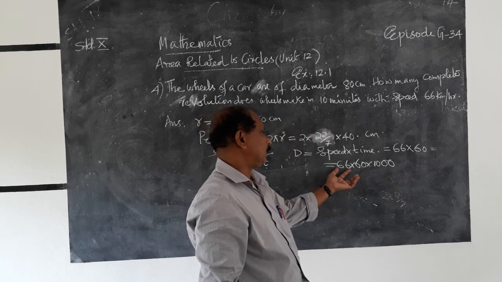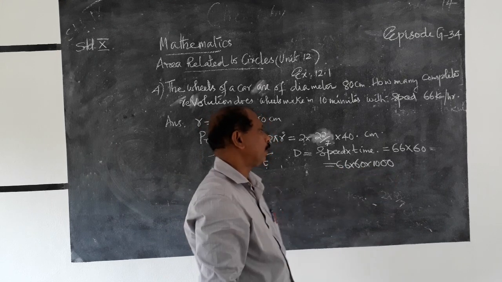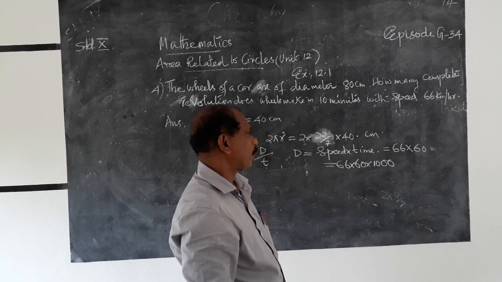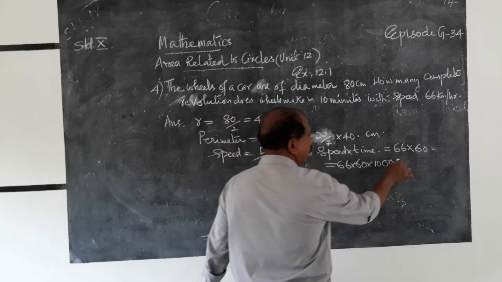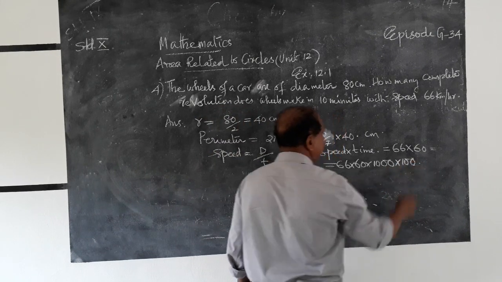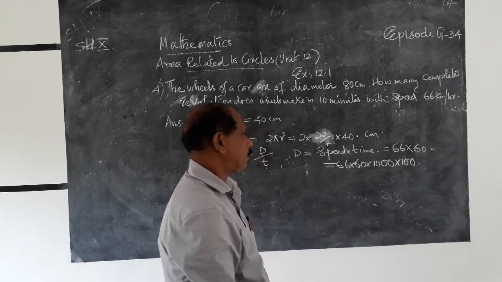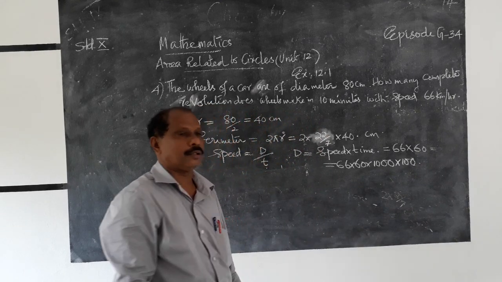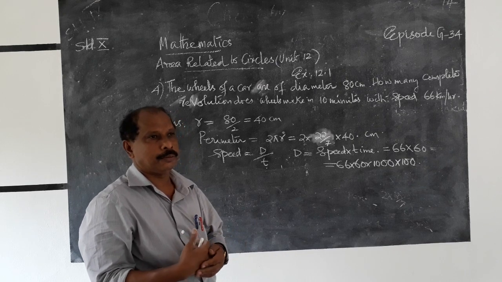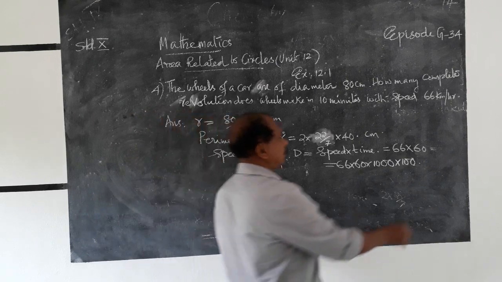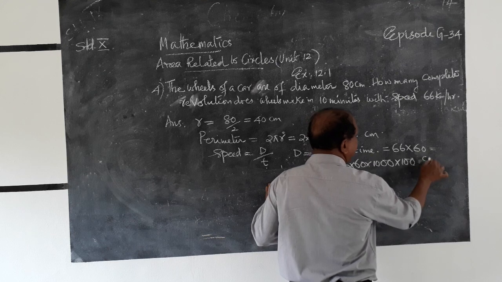That is 66 into 60 into 1000 meter, then into 100 centimeter. 1000 meter is equal to 1 kilometer, 100 centimeter is equal to 1 meter. Therefore, it is in centimeter.